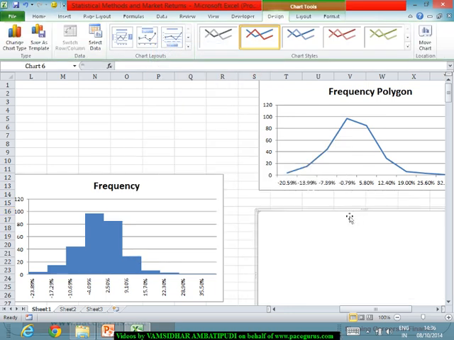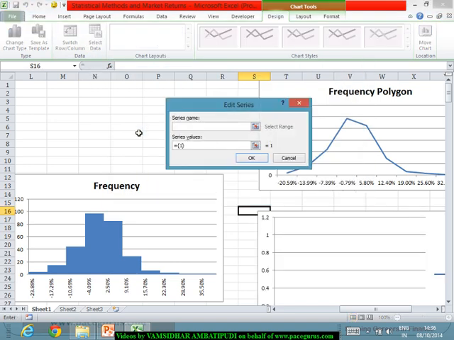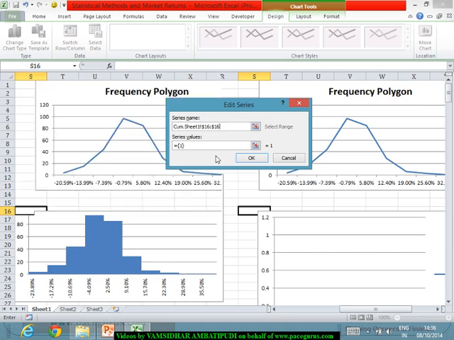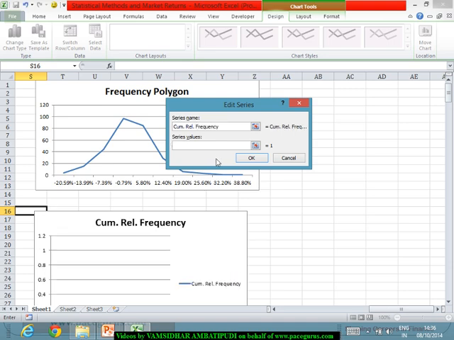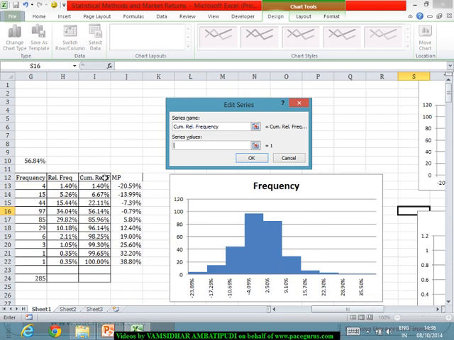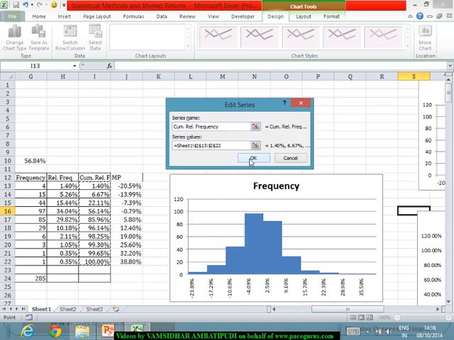In that fresh line chart, I'm going to plot the cumulative relative frequency of the data, wherein I'm trying to select this part. This is my cumulative relative frequency.